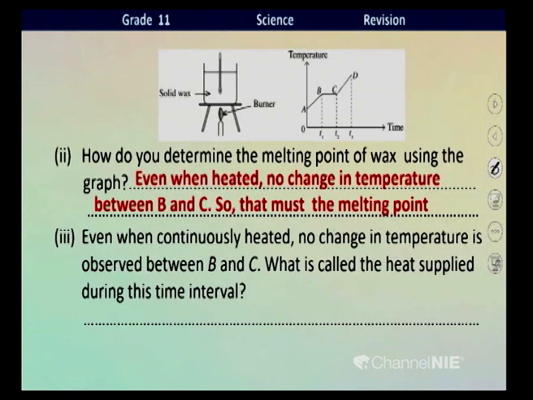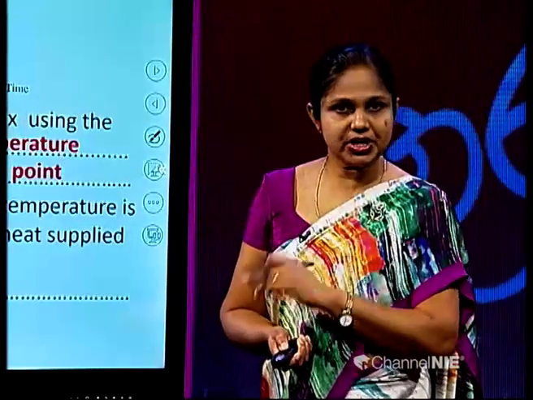Next question. Even when continuously heated, no change in temperature is observed between B and C. What is called the heat supplied during this time period? Children, heat supplied during this time period is the latent heat, really the latent heat of fusion.